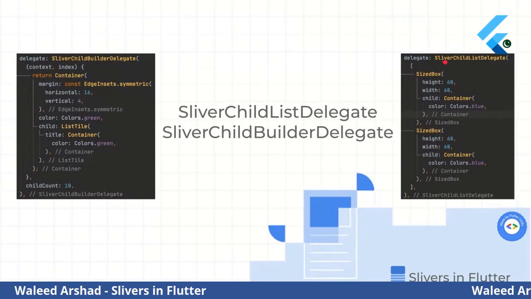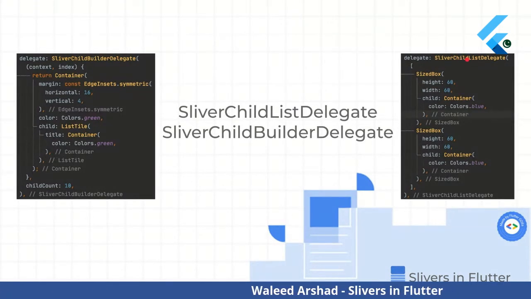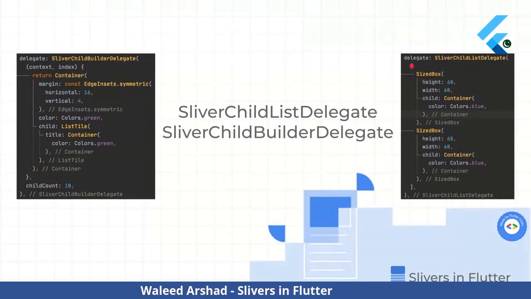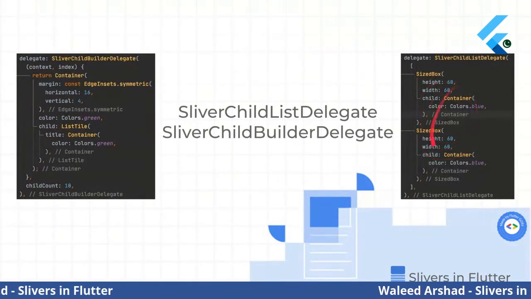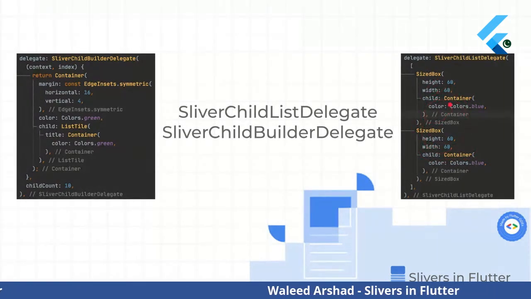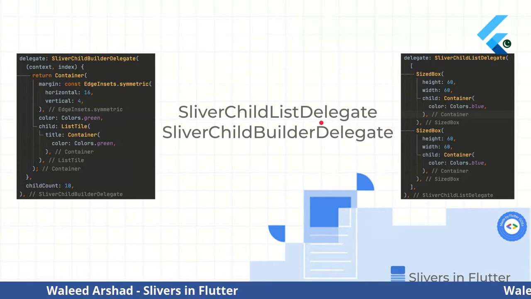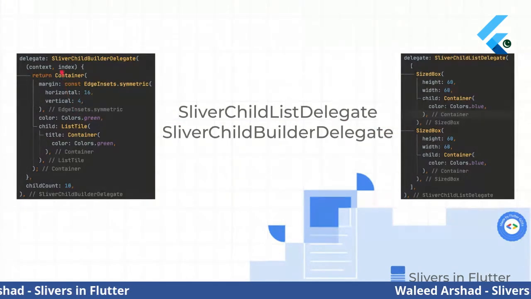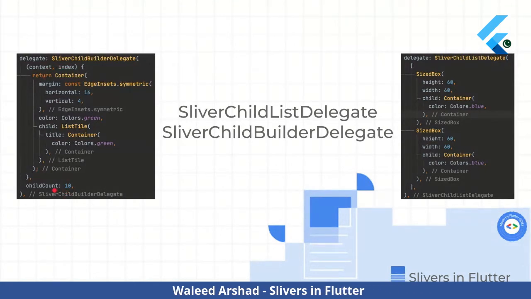So Sliver child list delegate is the same thing, this is just a static list view where you have static children, an array of children, where you can put your children as much as you want, and they will populate automatically. When you use a list view builder, you need to have an index and a context and give it a child count.